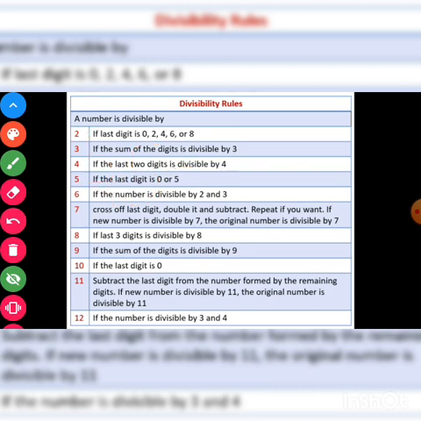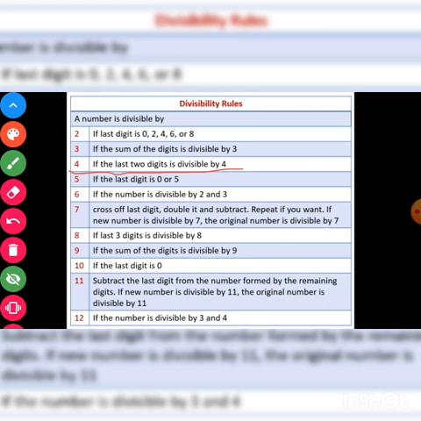Now let's come to the divisibility test of 4. As I told you, for the divisibility test of 4, what we used to do? We used to take the last 2 digits of the number and then divide it by 4. And if the last 2 digits are divisible by 4, then the entire number will be divisible by 4.